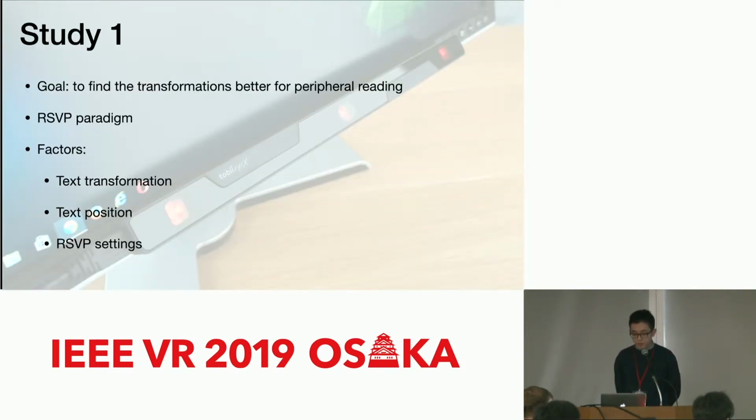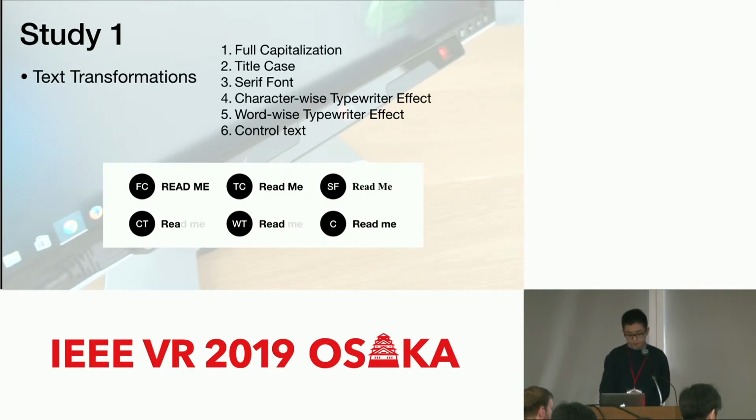Under the RSVP paradigm, we explore 3 design factors of the text reading interface, including text transformation, text position, and RSVP settings in our study 1, in which we aim to find a better transformation for peripheral settings. For text transformation, we include full capitalization form, the title case form, the serif font, the character-wise typewriter effect, and word-wise typewriter effect. We compare these 5 designs with non-transformation control text.